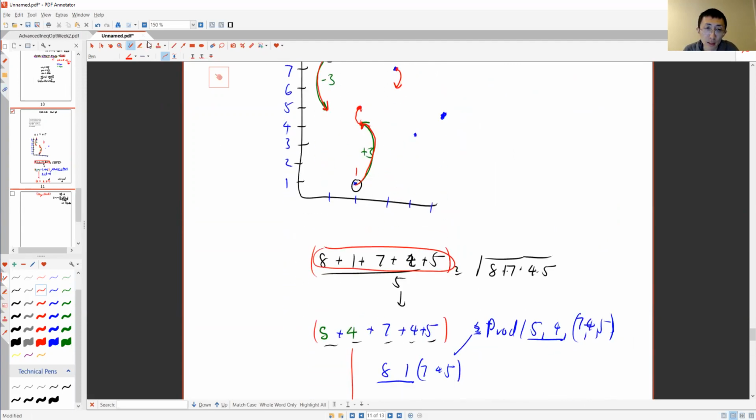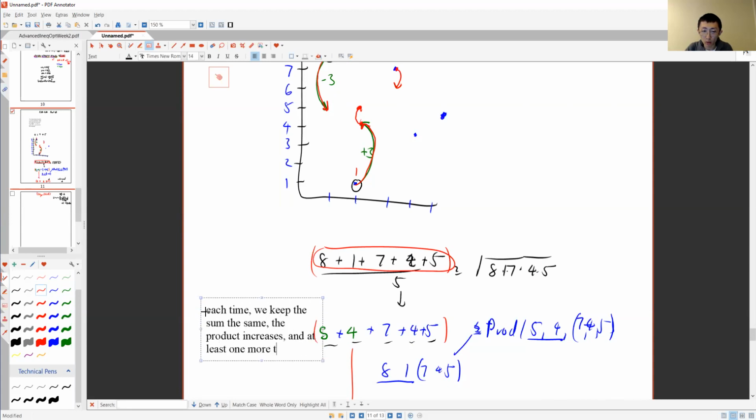So maybe I should type down: each time we keep the sum the same, the product increases, and at least one more term equals the arithmetic mean of the original n numbers.